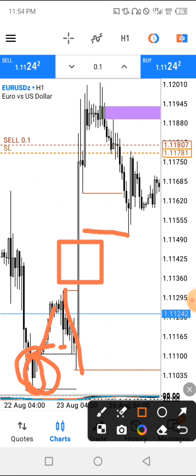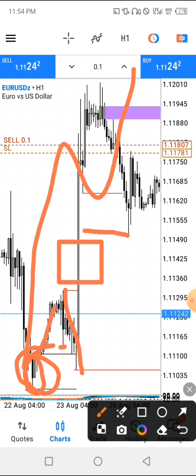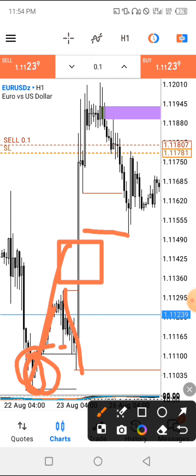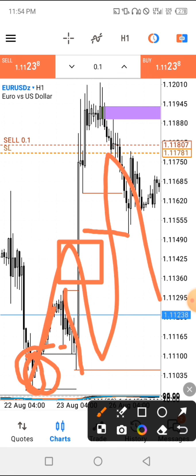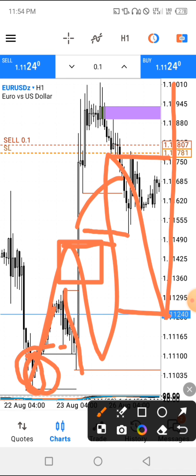That's why when the market is moving, it does not just move in a straight line. It moves upward, pulls back, moves upward, pulls back, comes back here, then buys again, breaks this low, but it has already entered more than 50% of this zone.